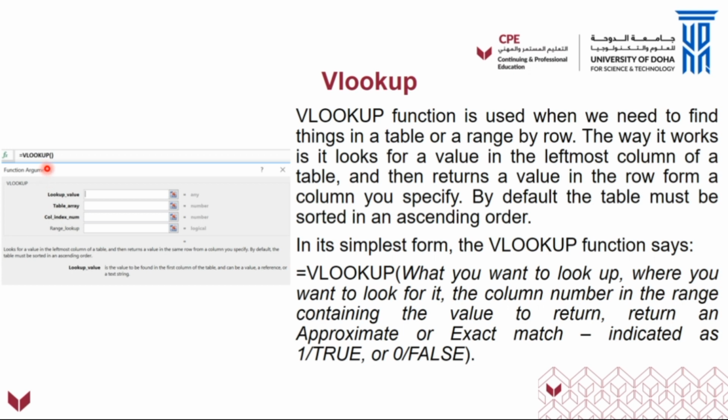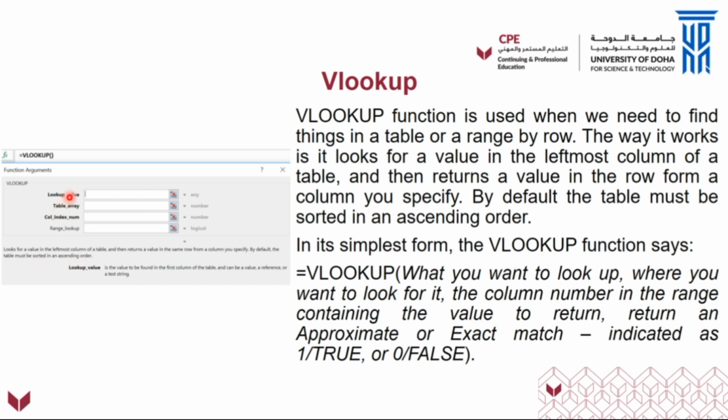So the VLOOKUP function, by definition in Excel, looks for a value in the leftmost column of a table and then returns a value in the same row from a column you specify. By default, the table must be sorted in ascending order.